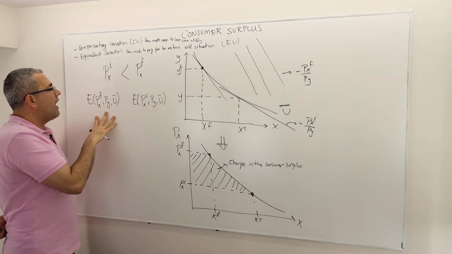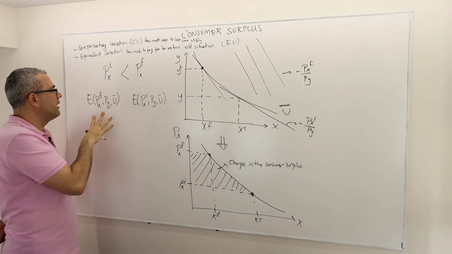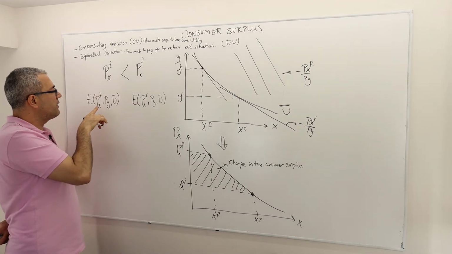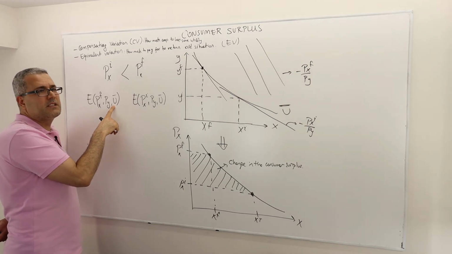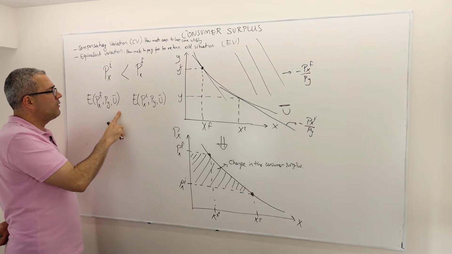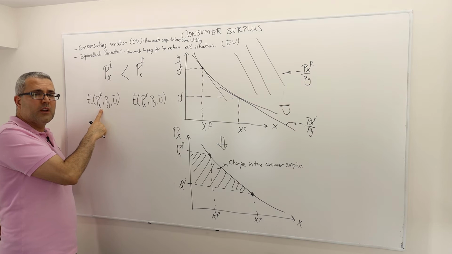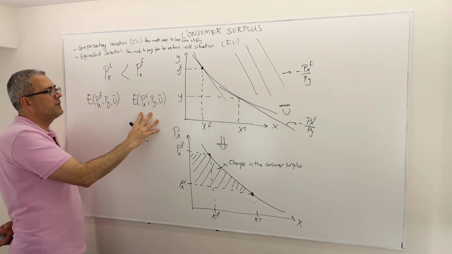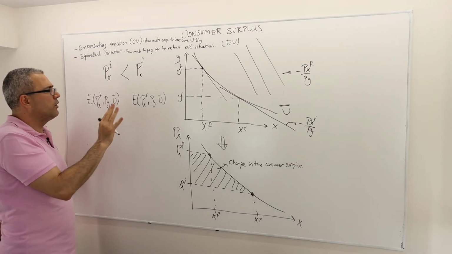And this is how much income he needs under the higher prices when the utility level is the same. Well, I know this is higher than this for many goods. Why is that? Well, if you want to keep the guy at the same utility level at higher prices, you have to give him a higher income. All right, so this expenditure is going to be above this expenditure under normal goods.